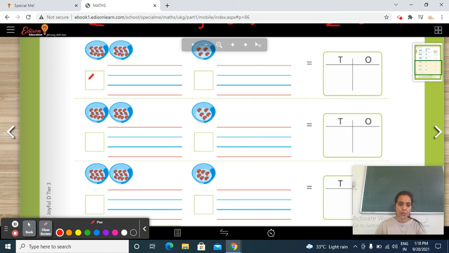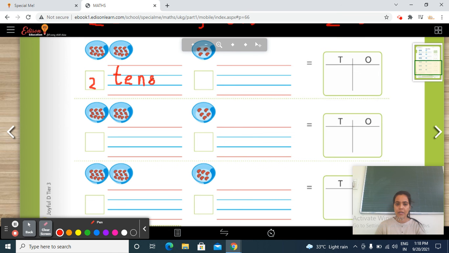So we will write two, and in the place value we have to write tens. Two tens, T E N S.